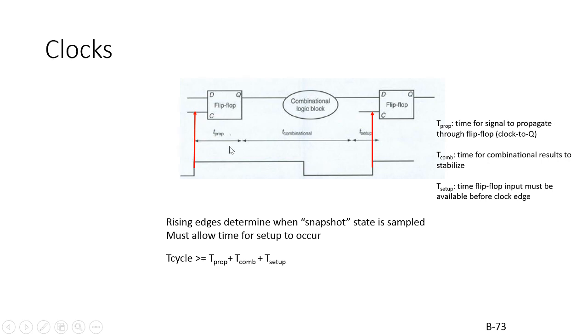Well, why? Because this is nice and pretty the way this is drawn, but what if you have a system where these have different wires? The path from here to the clock input here is 1 nanosecond, but the path from here to the clock input is 2 nanoseconds.